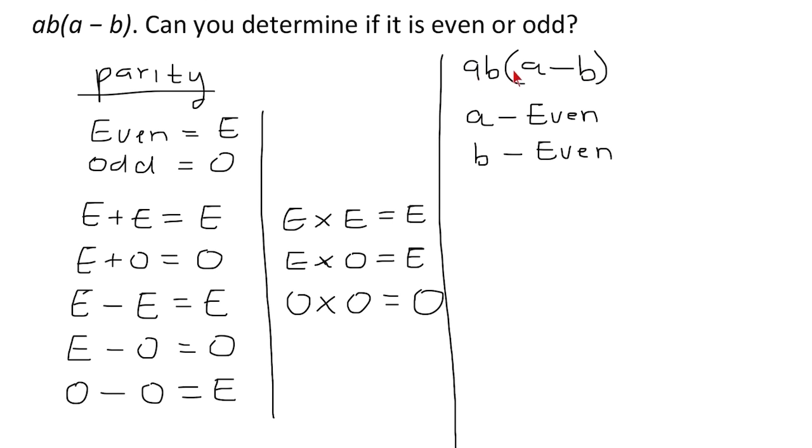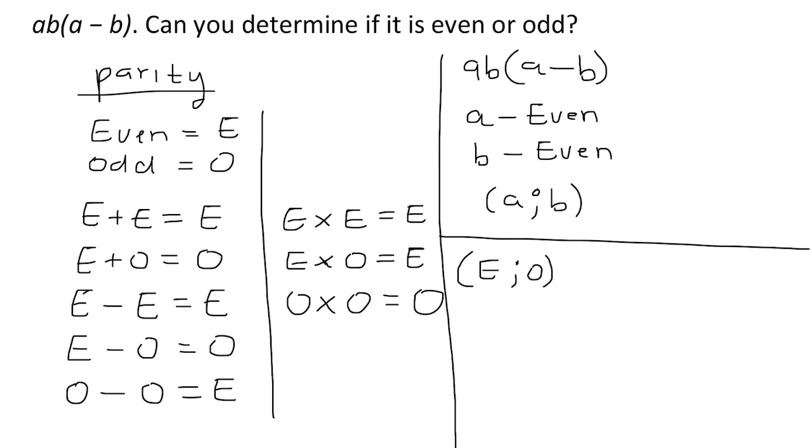Now, the only thing to consider: what if a is odd and b is odd? So we go to this property where an odd number minus an odd number is equal to an even number. Okay, so even if both of them are odd, that is still even. Now we can write all these combinations. If we define this as a, b: first combination, a is even, b is odd, we will have an even number.